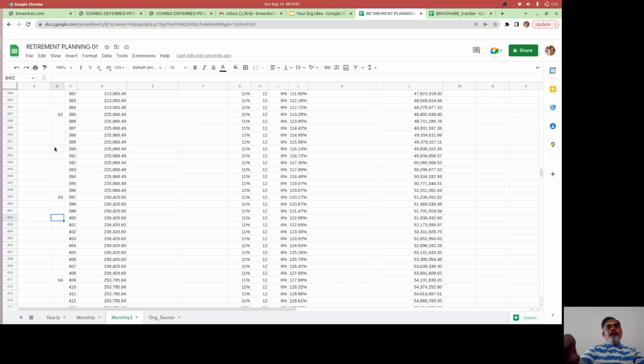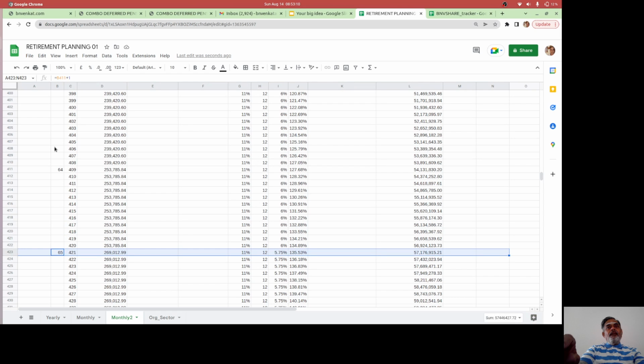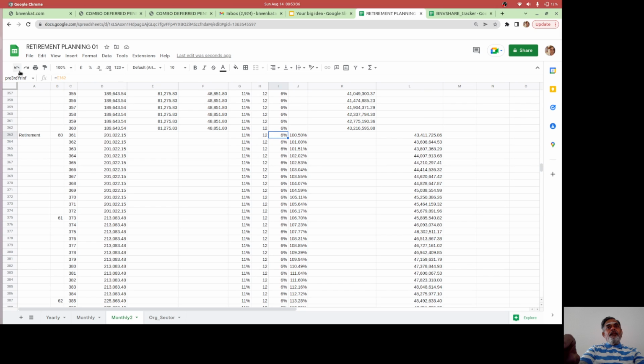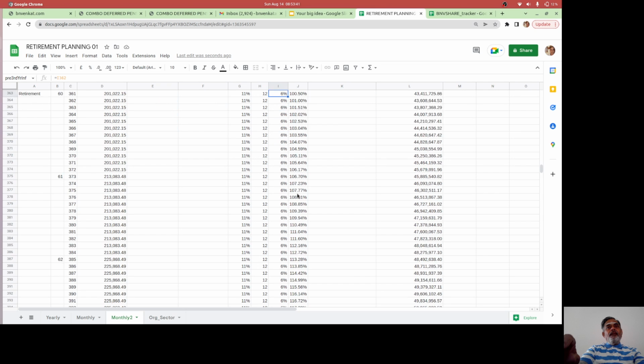At the age of 65, the inflation is 5.75%, that is 0.25% less than the previous figure of 6%.